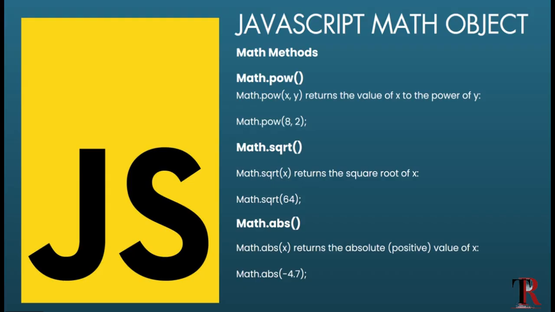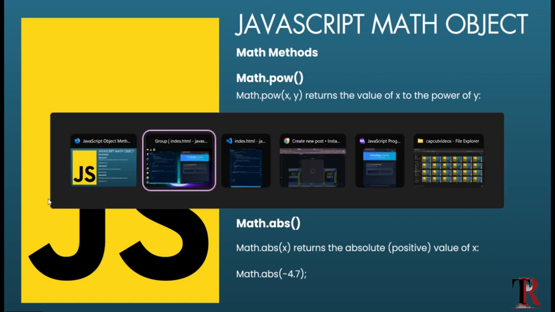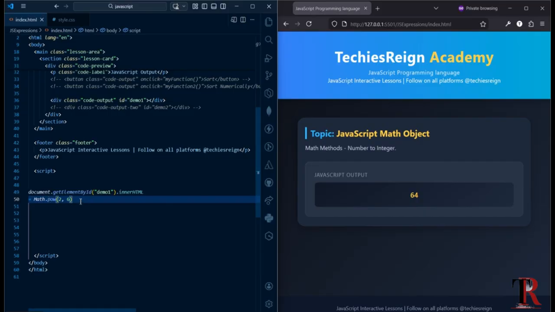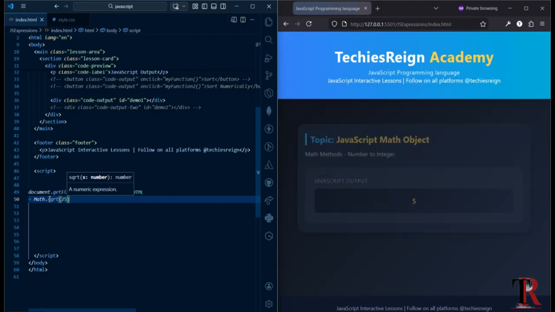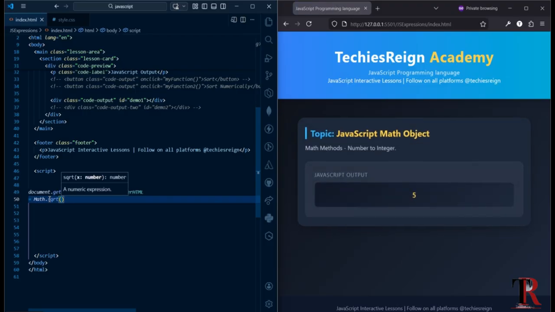Then moving on from there, let's go to the math.square root. The math.square root takes just one argument and returns the square root of x. An example is math.square root of 64. The math.square root of 25, what do you think will be the answer? 5. 64 will be 8. 100 will be 10.